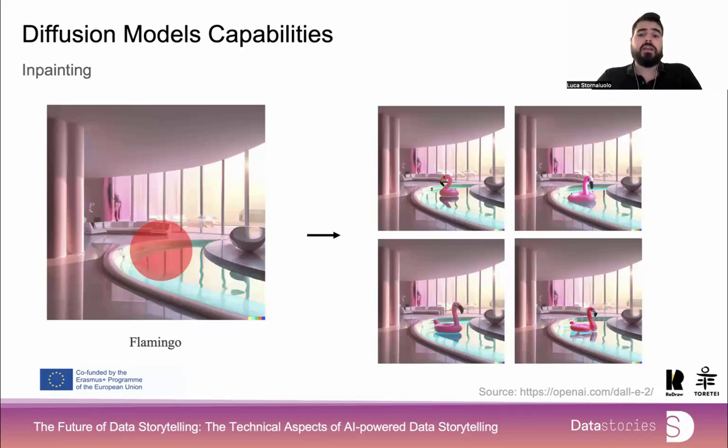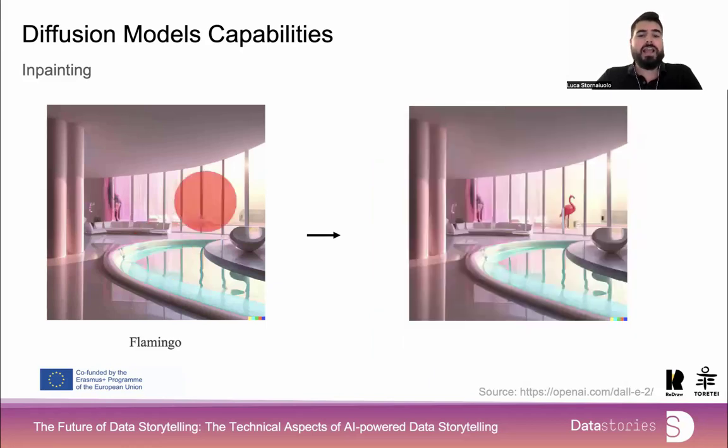In fact, in the current example, selecting the area within this room and guiding the generation with the term flamingo creates an inflatable flamingo on the water. Selecting an area outside the windows instead generates a real flamingo.